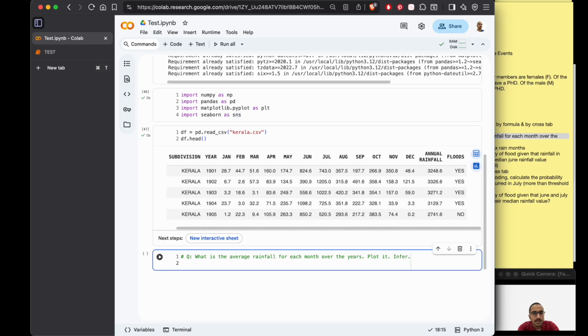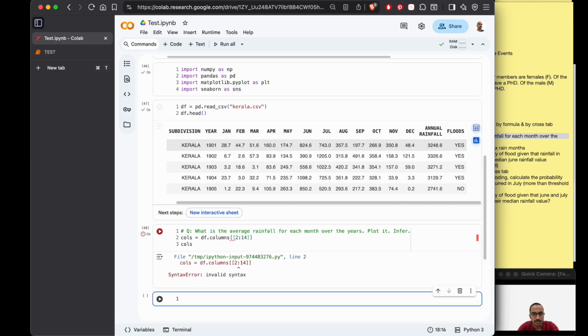So let's select our columns. Columns will be df.columns, and the columns we are interested in are these. These are the columns we need.